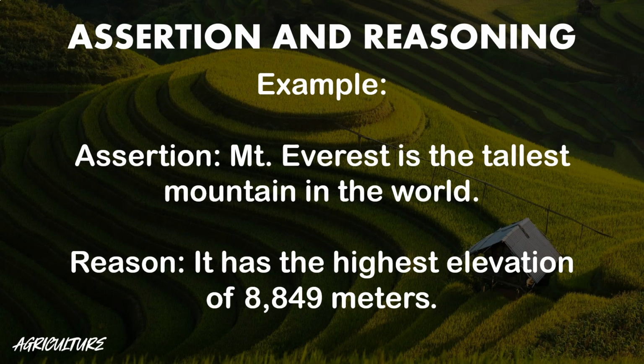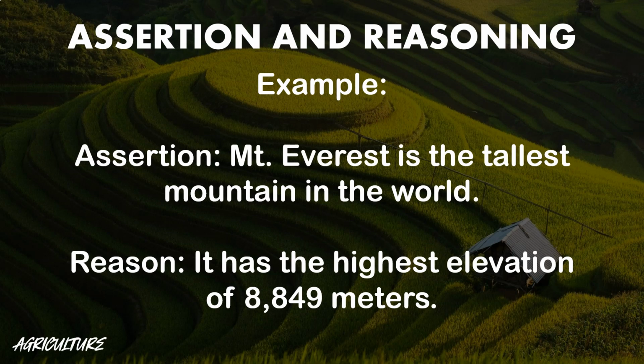So we have a statement, or you're asserting a fact, and that is that Mount Everest is the tallest mountain in the world. We know that this is true because it's been proven that the highest elevation is held by Mount Everest, so we can say the assertion is true.